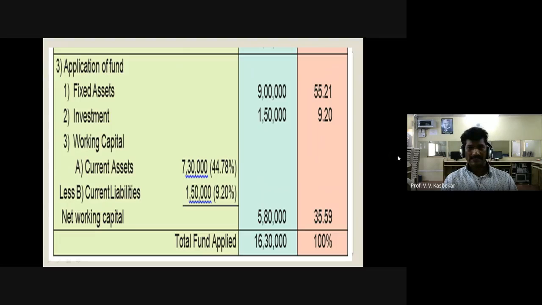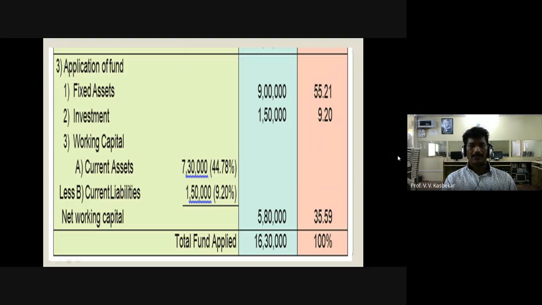Okay, fixed assets, it is 9 lakh rupees. Now we have to find out the percentage of fixed assets with total fund applied. Okay, that means 9 lakh divided by 16 lakh 30,000 into 100, and we got the percentage here 55.21%. Same with investment, 1 lakh 50,000 divided by 16 lakh 30,000 into 100, and percentage of investment is 9.20%.